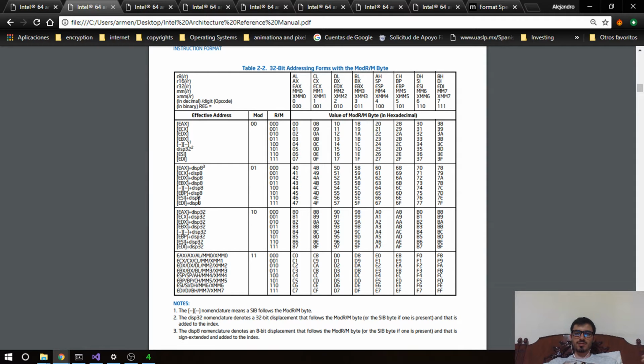Because if you remember, you have a scale plus index, or a base plus index, or something like that. You have to have an SIB encoded. So that tells us a hint about how to write the mnemonic back.